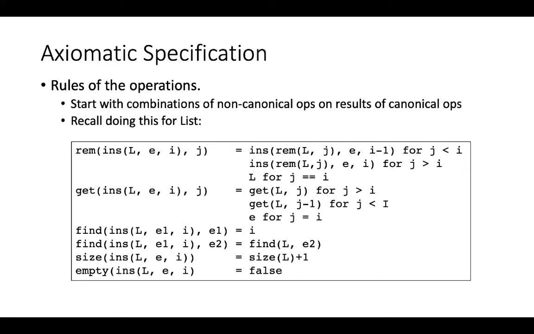The two steps to axiomatic specification were, one, identify which of the operations are canonical, which ones are absolutely required in order to construct any possible version of the list, and which ones are not canonical. And then once we've decided which are which, we need to combine them and define their proper operation.